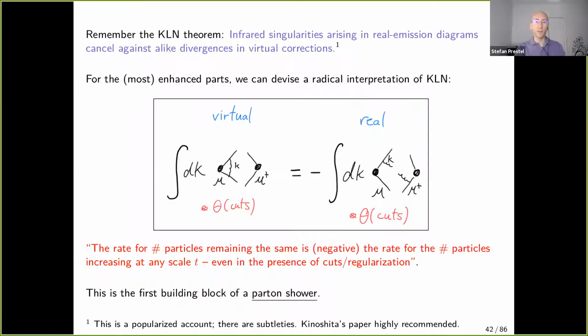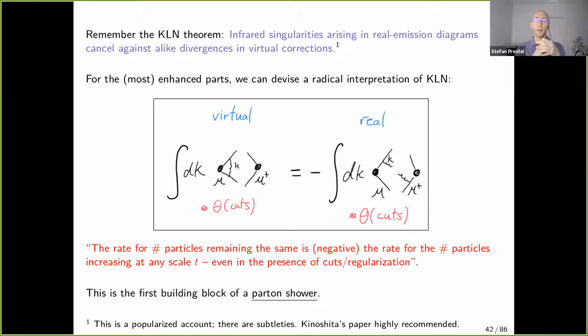So we can take a radical, almost religious approach to that, and say for the most enhanced parts of cross-section calculations beyond the lowest order, that the virtual corrections themselves are defined as negative the integral over the real corrections. And we can even say that if there are some cuts or constraints on the real emission kinematics.